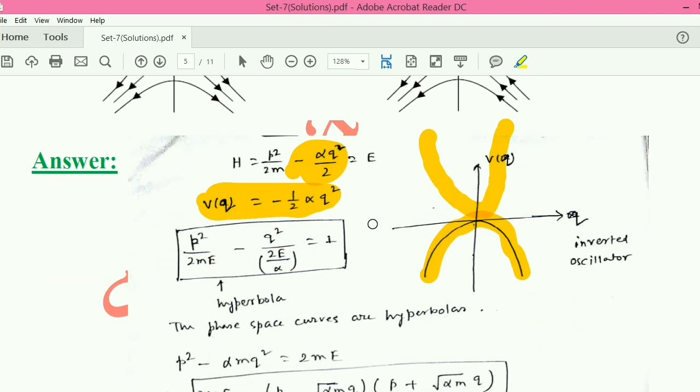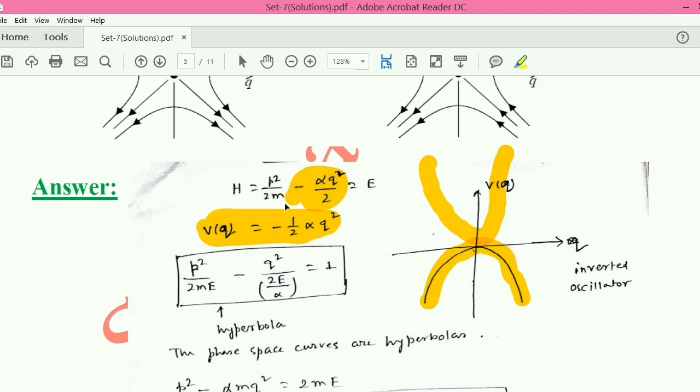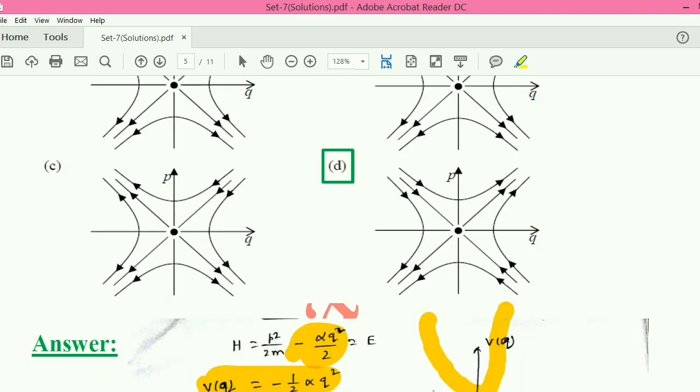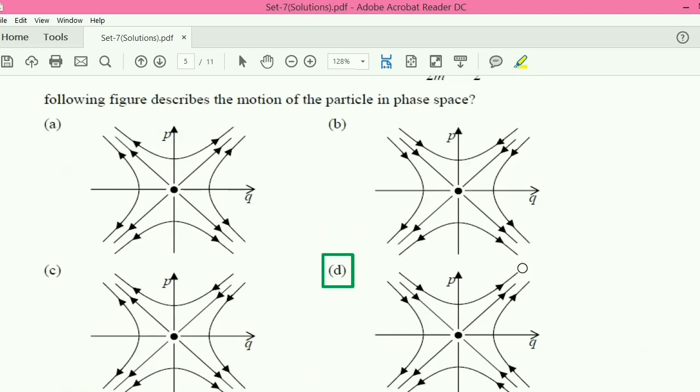Now we have to draw the phase space trajectories. If you write it as p square by 2m minus q square by 2E by alpha equal to 1, it is basically the equation of a hyperbola. So the phase space trajectories will be hyperbolas.